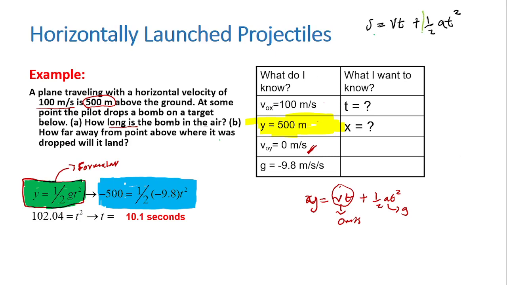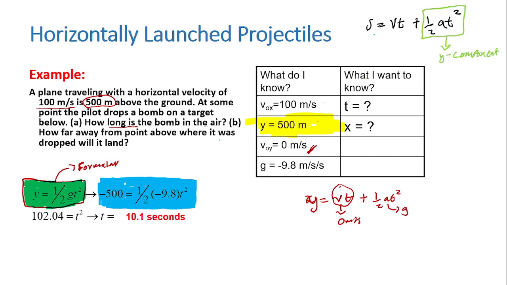The half At squared component goes with the y component, because the velocity in the y component is, in most cases, zero.